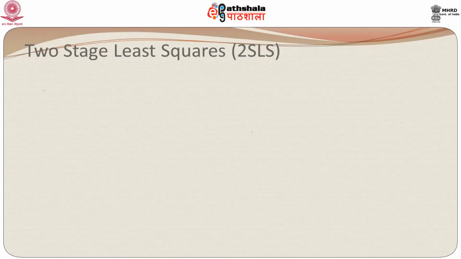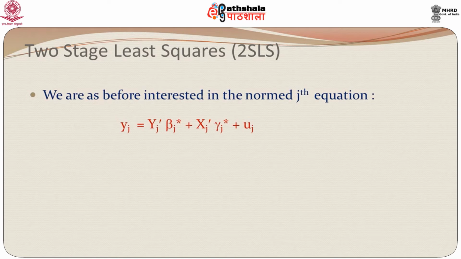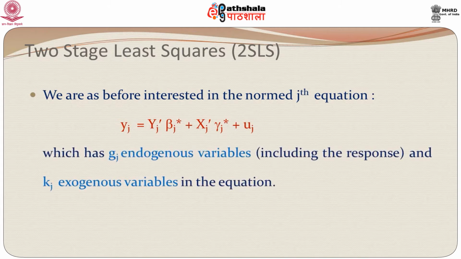So, when we look at the two-stage least squares method of estimation, let us go back and look at the jth equation. We have y_j = Y_j' beta_j* + X_j' gamma_j* + u_j, where we know that there are G endogenous variables, which comprise the small y_j along with the capital Y_j. These are the endogenous variables.